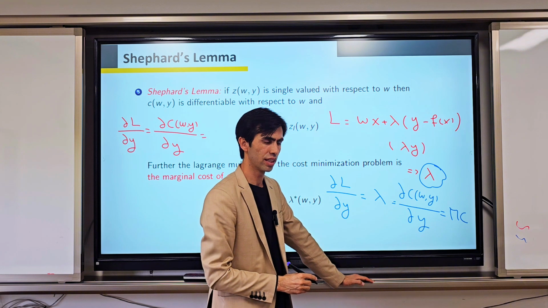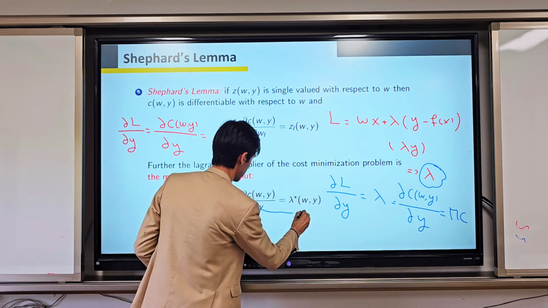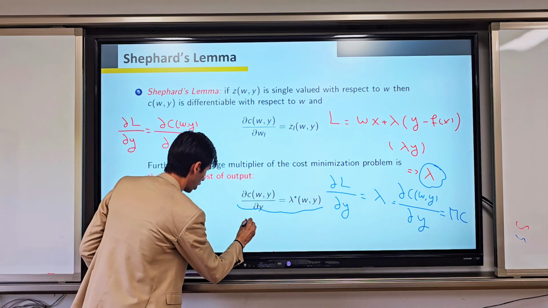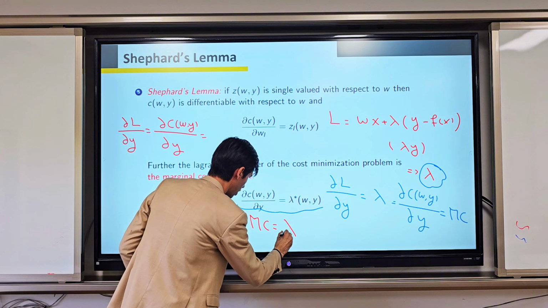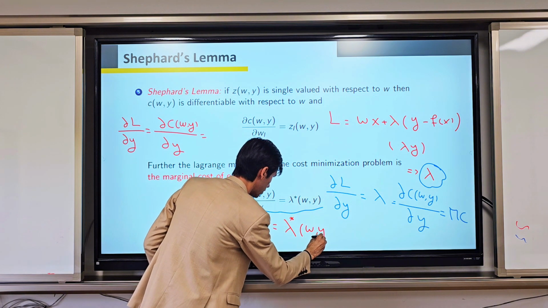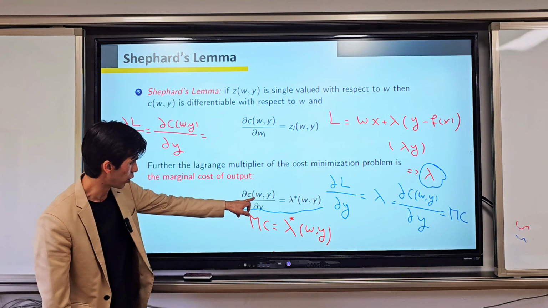Finally, we get this result: marginal cost is equal to our lambda, but this is a function of w and y, because we have w and y here.